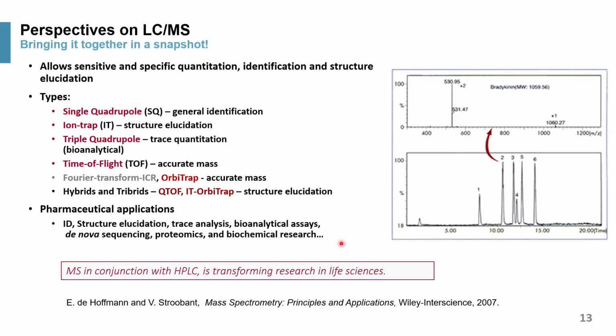For instance, for protein identification, instead of using sequencing, we do de novo sequencing using LC-MS from a tryptic digest, such as with a QTOF or an Orbitrap. Also, applications in proteomics and all kinds of biochemical research. One often says that mass spec in conjunction with HPLC is transforming research in life science, one of the most important and most powerful analytical techniques in existence.